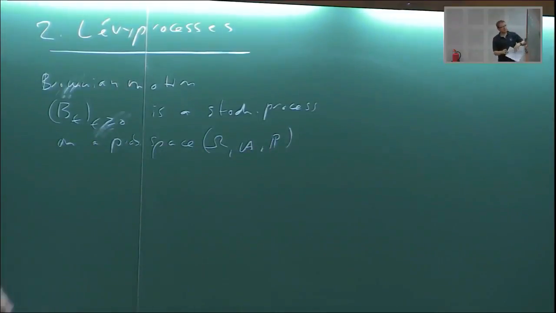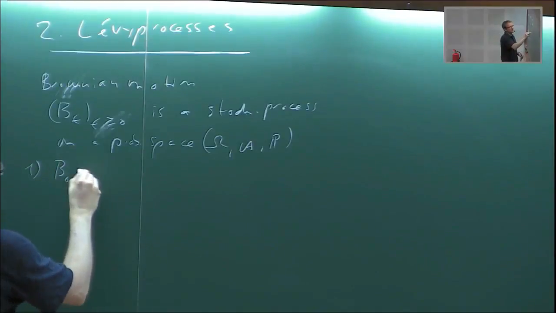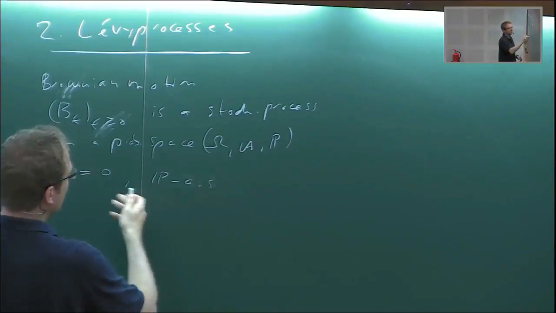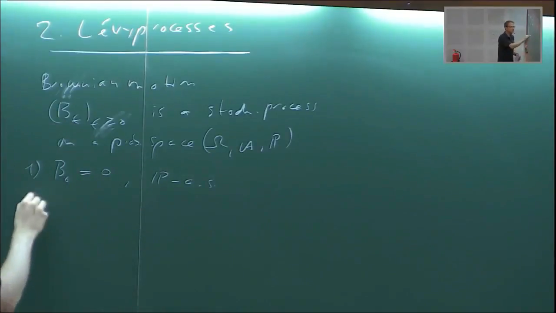A stochastic process you can understand as a family of random variables which are indexed by the parameter t. So far, so good. It has the following properties. First of all, B0 should be 0, P-almost surely. For essentially all omegas, it should be 0.